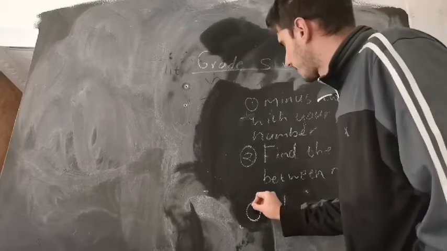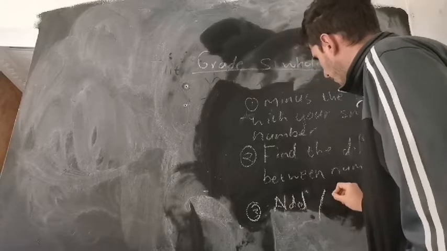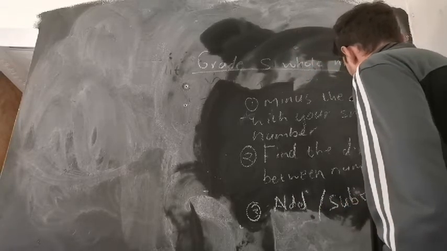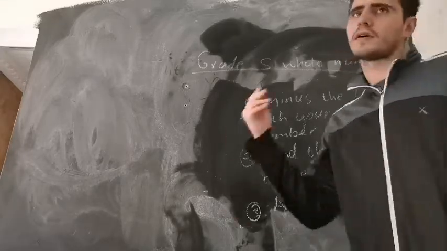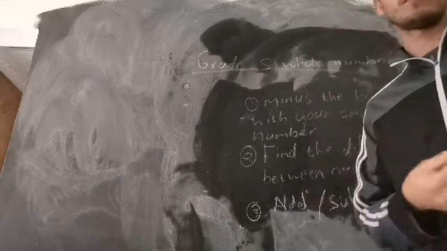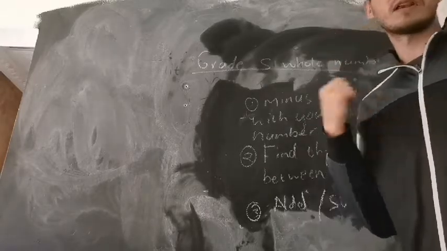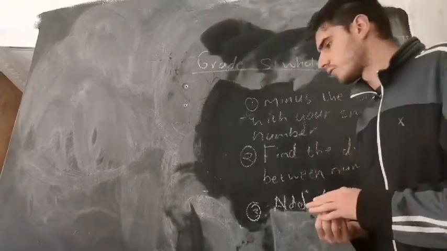Now the third step would be to add or subtract your difference, depending on where the number is you need to find. If your number is on a previous one, just before the other one, you have to minus. If they're asking you what the next number is, you have to add. So that is how a number pattern works.